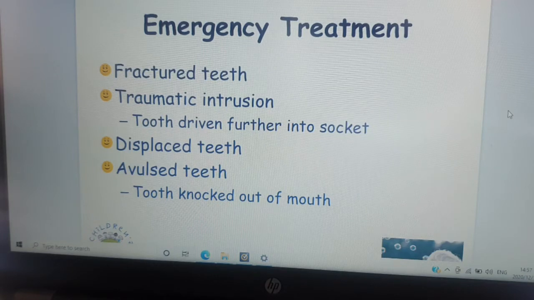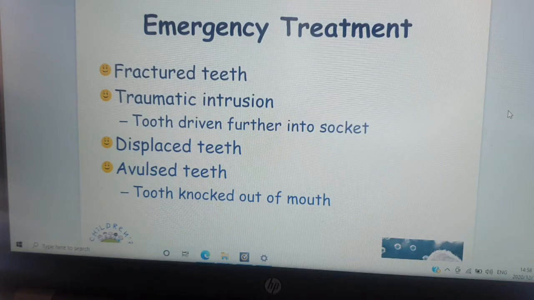From there, we have traumatic intrusion. This is a situation where a tooth has basically been driven further into a socket. I'd make an example of, let's say your child was involved in a fight at school, and then they punched your child in an upward motion, causing that tooth to be driven further into that socket. So that tooth has basically undergone occlusion because it is not in the line of occlusion anymore.